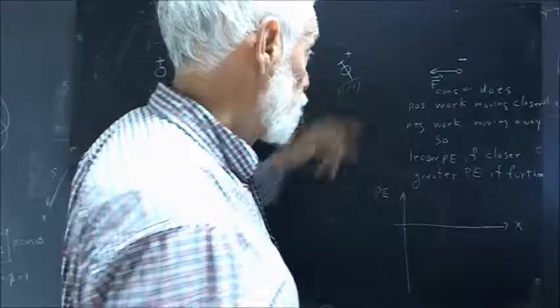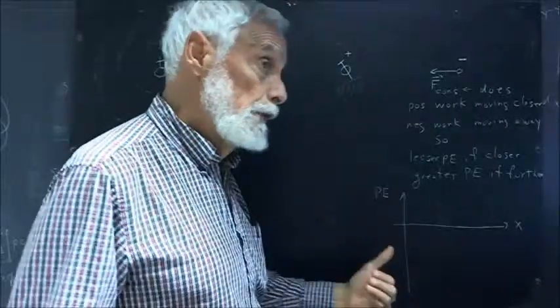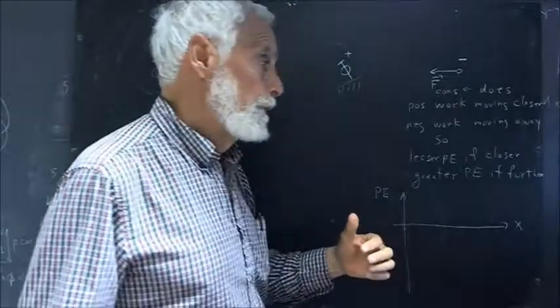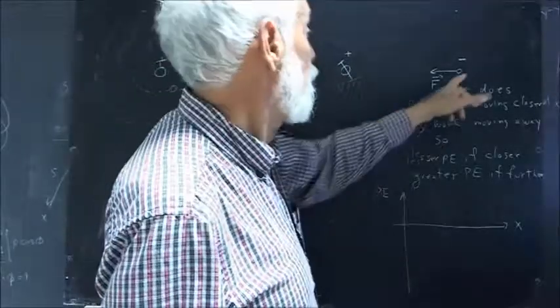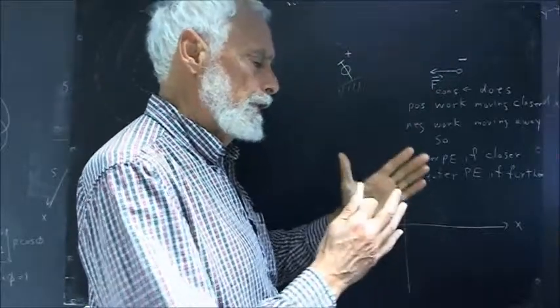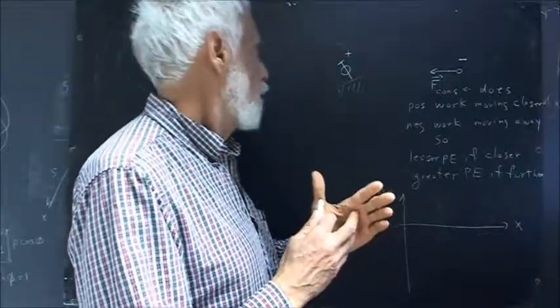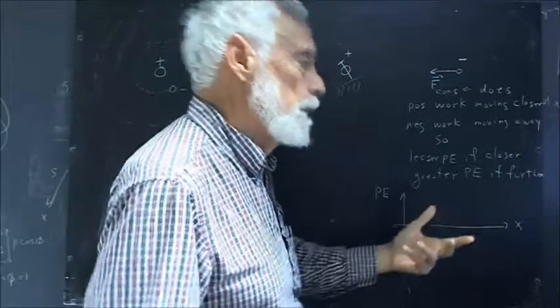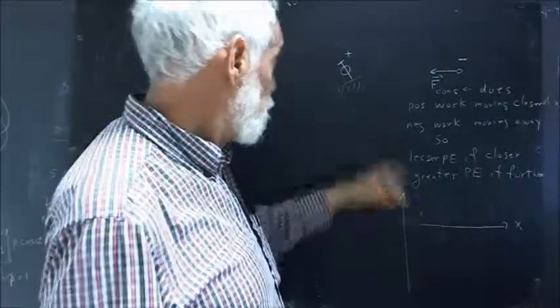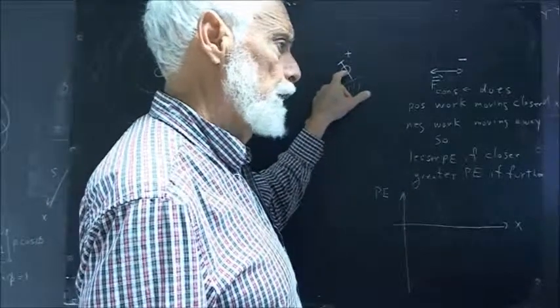Now, we haven't done the integrals. It's fairly easy to do. This is an inverse square force. If you integrate an inverse square, you get a negative inverse first power. Which means that as the separation of these charges approaches zero, you end up with an infinite result. Now that makes it really inconvenient if we want to measure potential energy from zero separation.